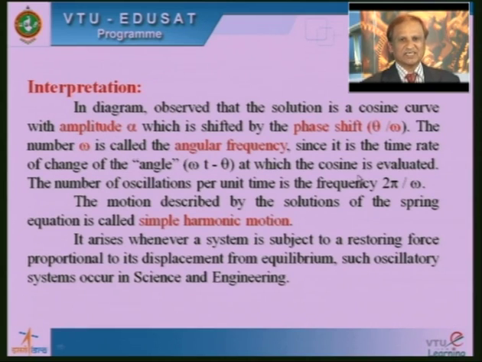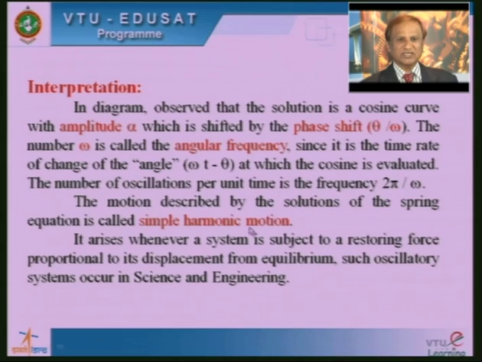Angular frequency, since it is the time rate of change of the angle omega t minus theta at which the cosine is evaluated. The number of oscillations per unit time is the frequency, omega by 2 pi. Friends, yesterday in the last session I showed how we calculate cosine of omega t minus theta.